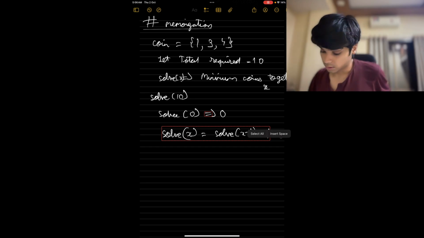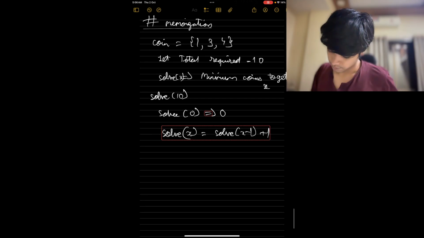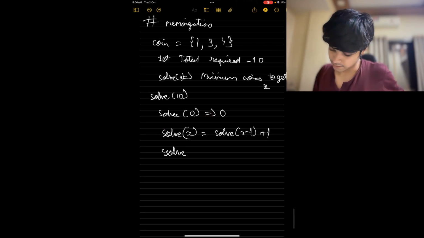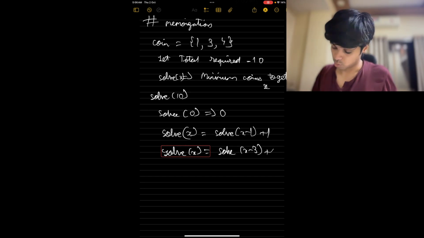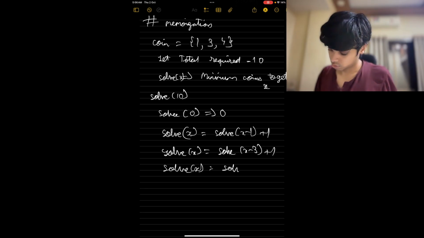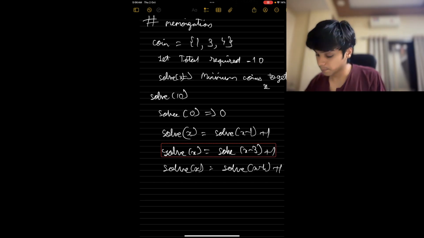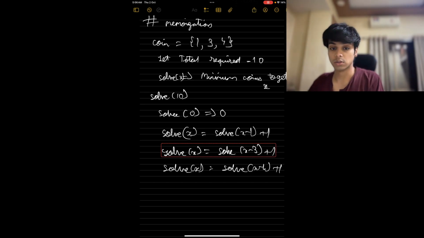And if the last coin taken was the 3 rupee coin, then solve of x can be given using solve of x minus 3 plus 1. Similarly, solve of x can also be given as solve of x minus 4 plus 1. Which one is optimal, we don't know. Any of them could be optimal.